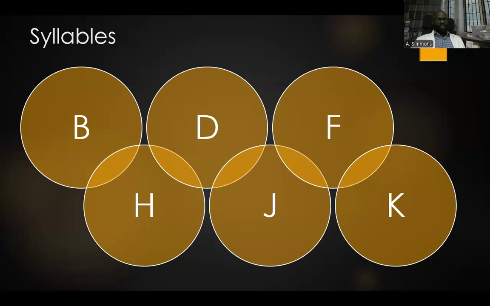The J: ja, je, ji, jo, ju. Some people pronounce it like the Y: ya, ye, yi, yo, yu, depending on where you are. In Argentina, they say the J different. The Puerto Ricans, they say it different too. So you just got to know the different ways on how to say it, so when you hear it, you'll recognize it.